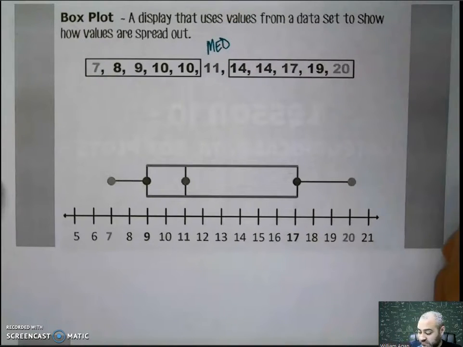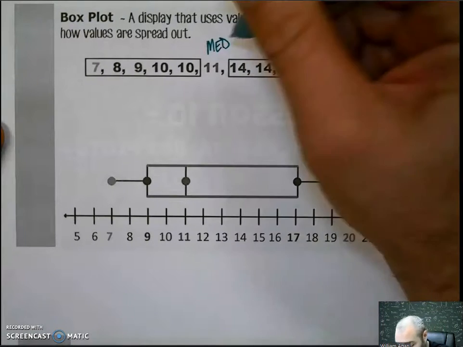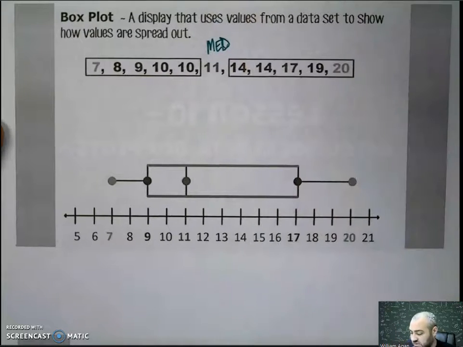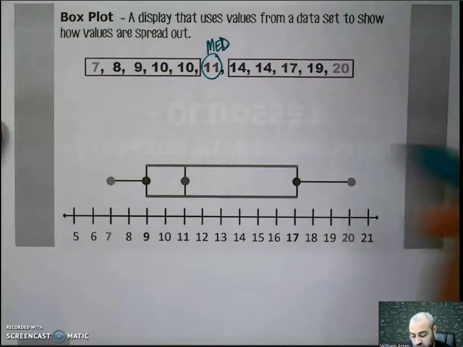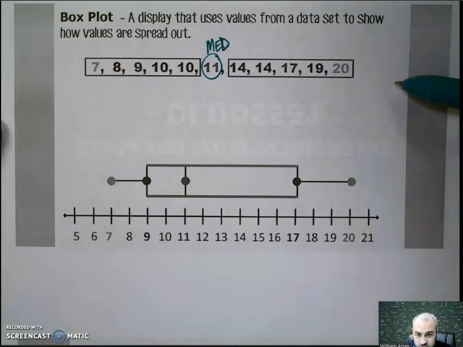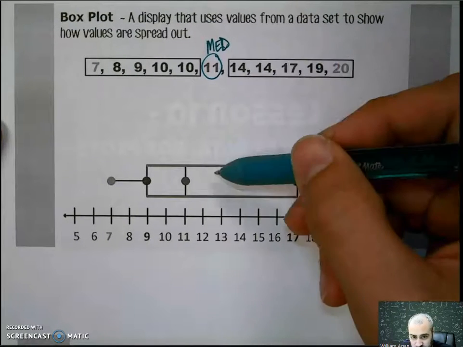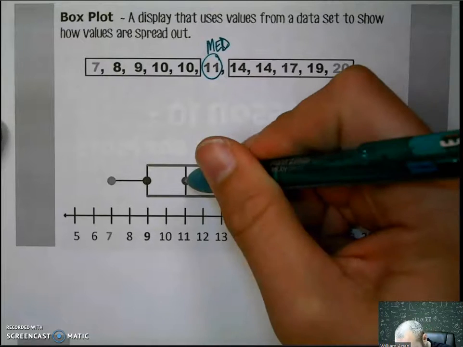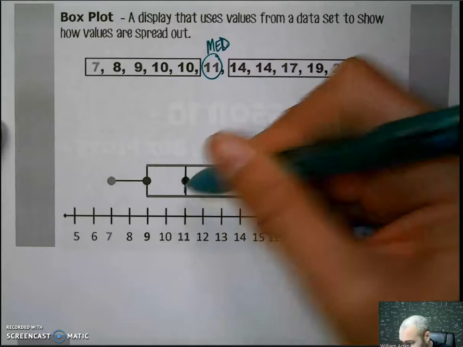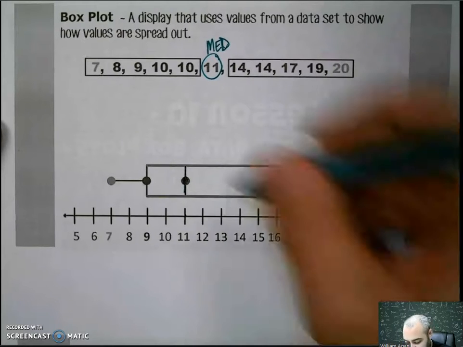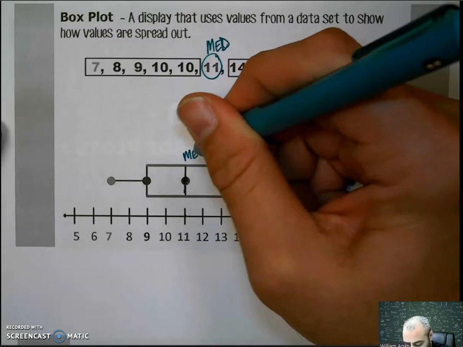From now on, instead of writing median every time, I'm just going to write MED. The median for these numbers is 11. So whenever they put it in the box plot, they put a dot right there at 11, and they put a straight line. Okay, that is your median.